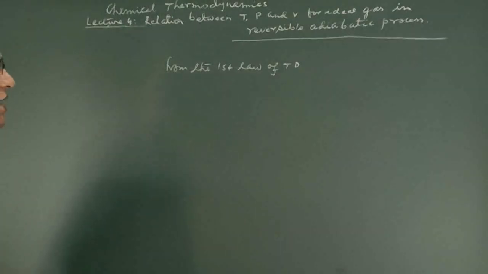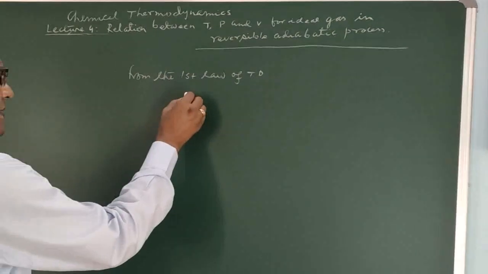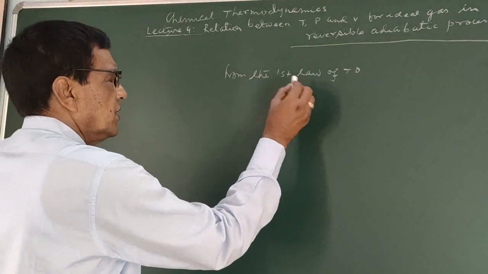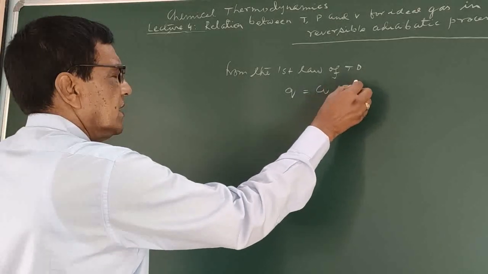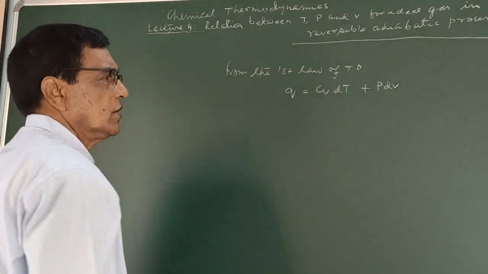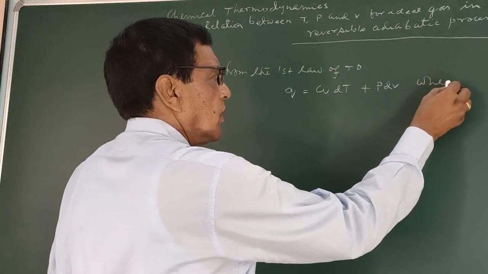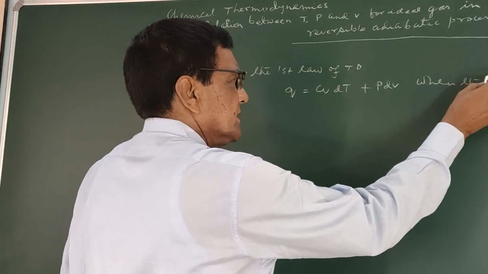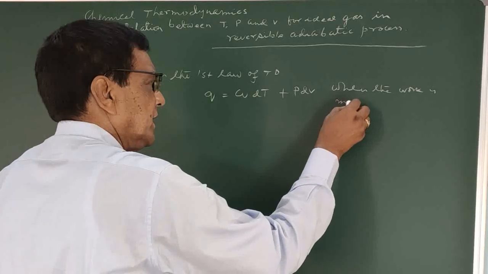we have the relation for ideal gas, dQ equal to Cv dT plus PdV, when the work is mechanical only.